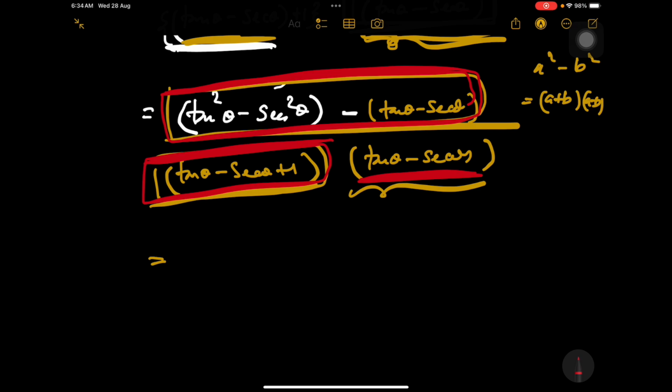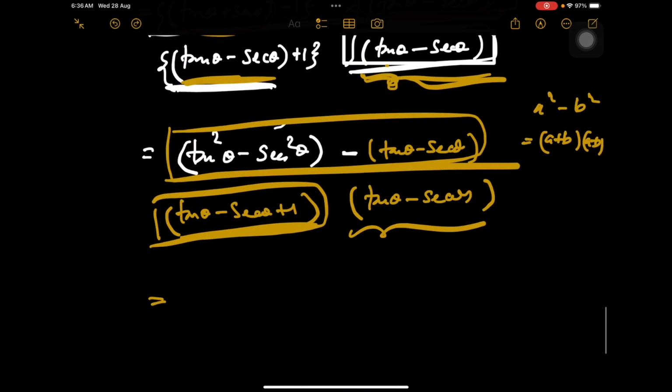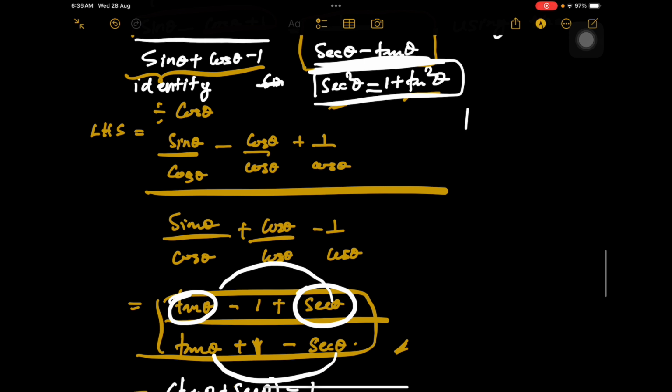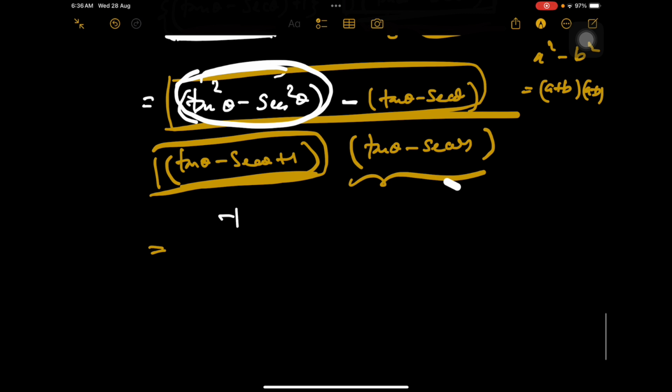What you will get is tan squared theta minus sec squared theta. If you use this identity, tan squared theta minus sec squared theta, the sec squared will come to this side, 1 will go to this side, so it's -1.